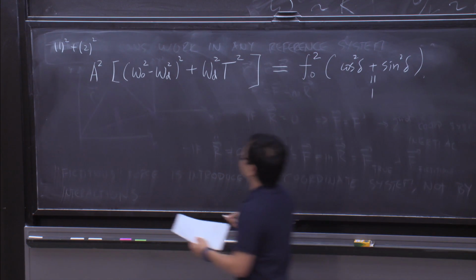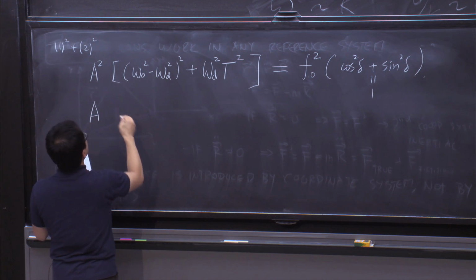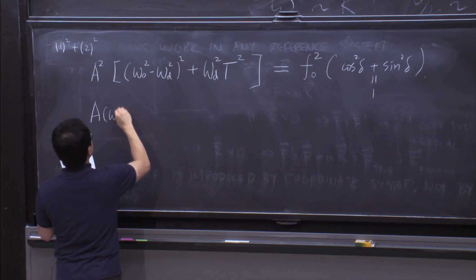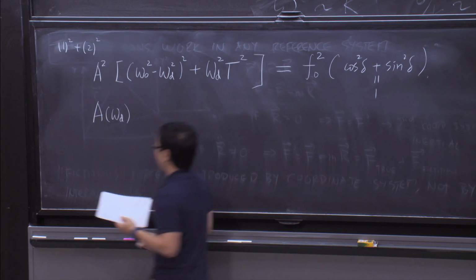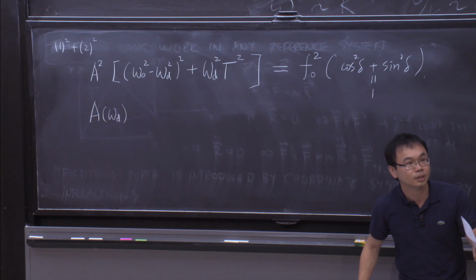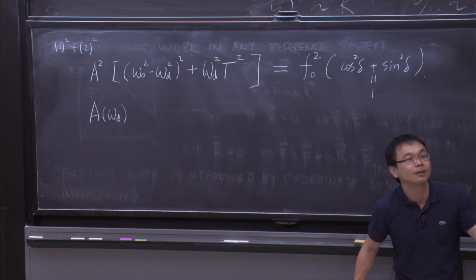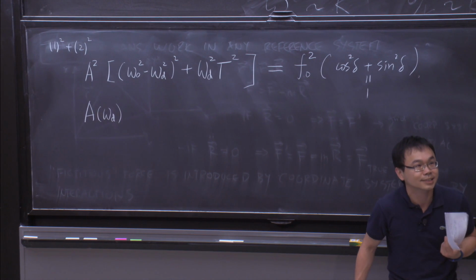Then I can get what will be the resulting A. A is actually a function of omega d. Omega d is given to you. It's actually determined by you, how fast you want to oscillate this system.